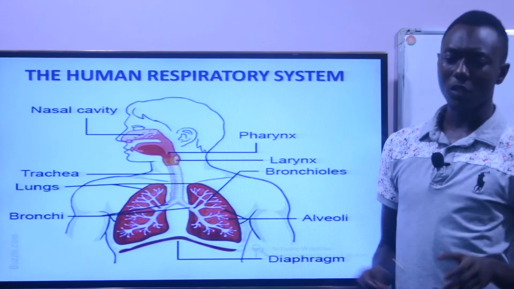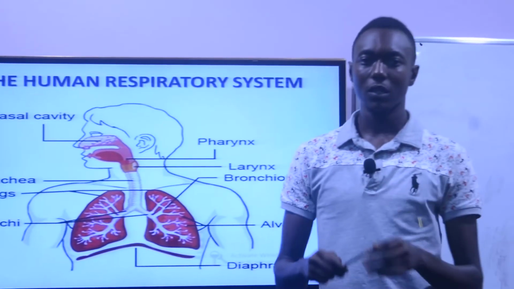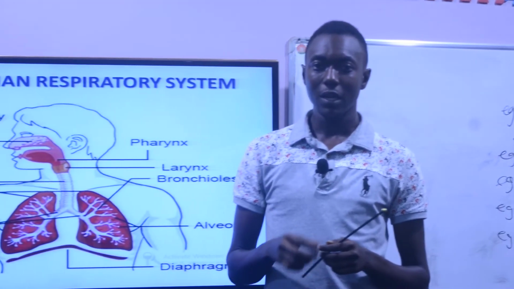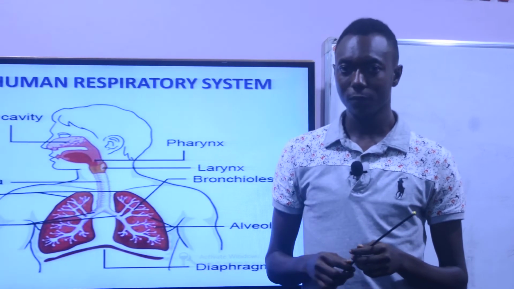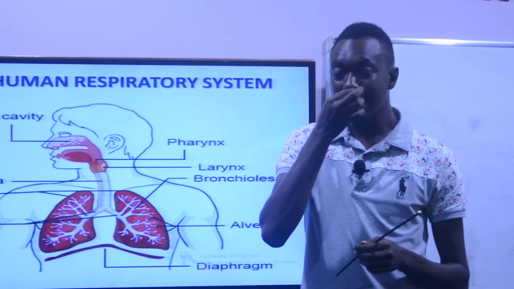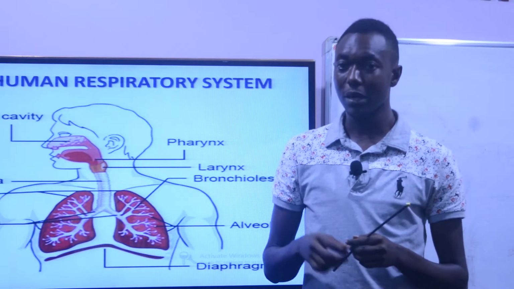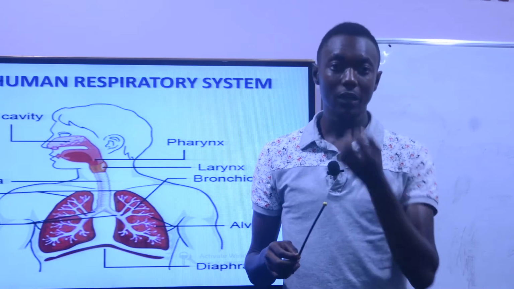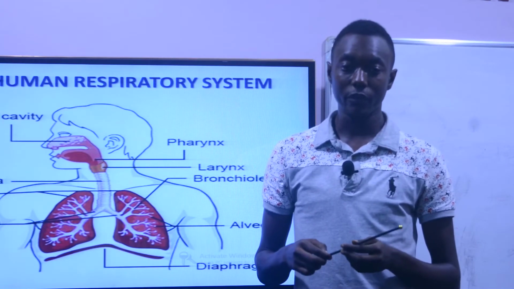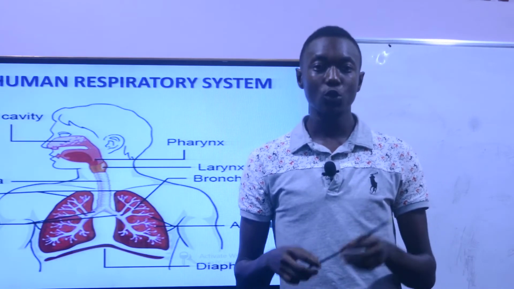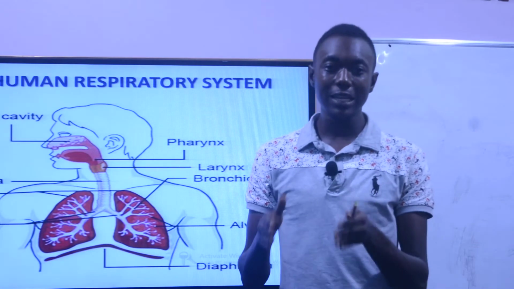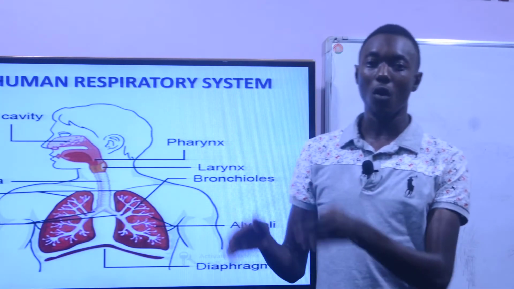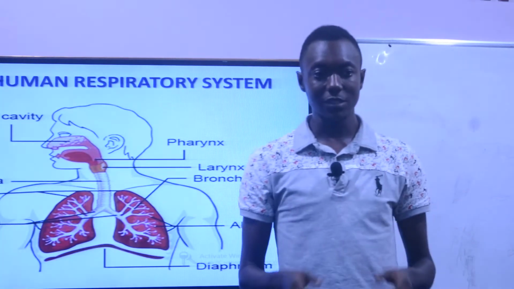When we talk about mucus, I know you are wondering what mucus is. When you blow your nose, you see some fluid coming out. That fluid you see coming out of the nose is what we term as the mucus. It helps a lot to moisten the air we breathe in. Moreover, it also helps us to fight against certain bacteria and other harmful organisms of the respiratory system.